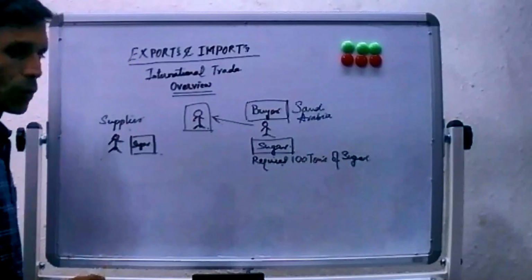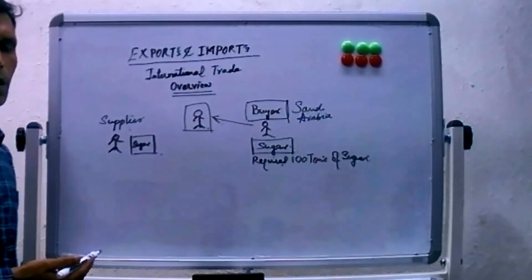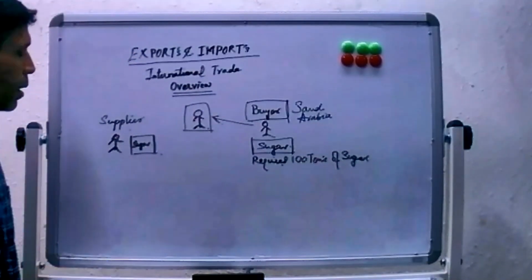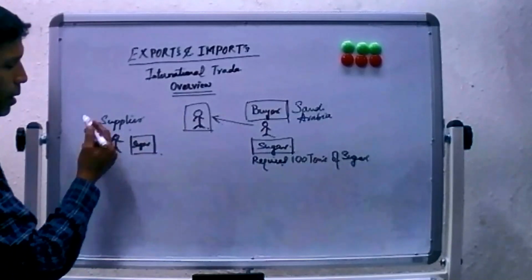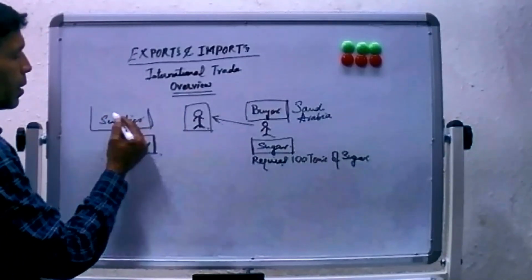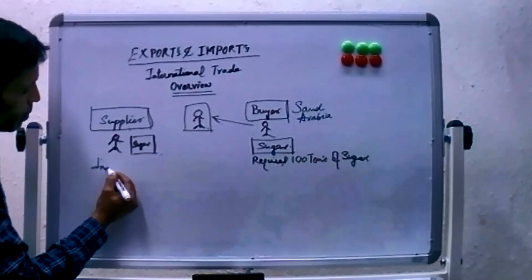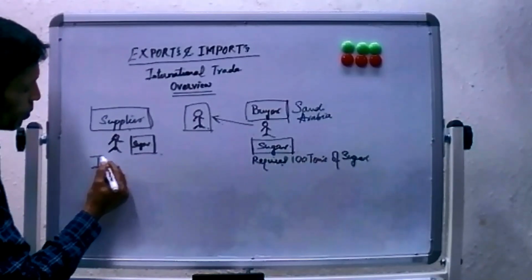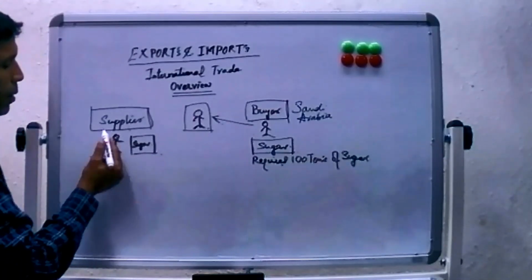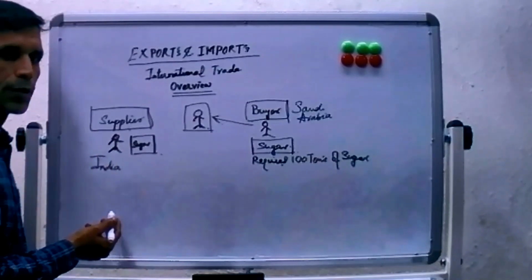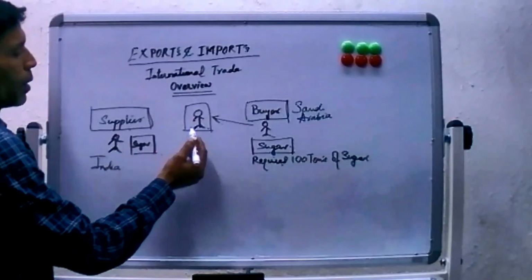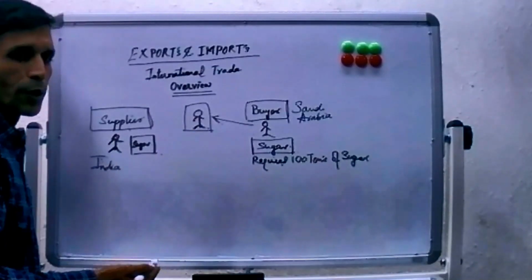There are many requirements, and the buyer can be anywhere. Let us say the supplier is from India. He is a supplier, a manufacturer of sugar. And let us say you are from somewhere; it does not matter where.